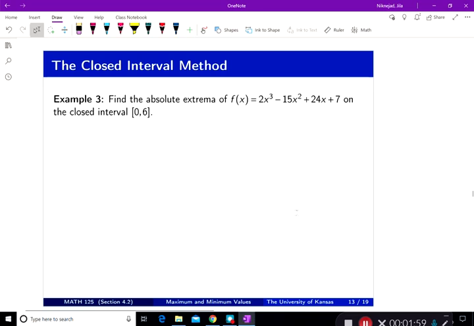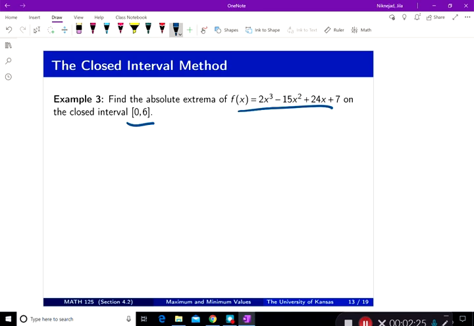So for example, let's find the absolute extrema of this function on the closed interval 0 and 6. Let's remember, to find the absolute extrema on a closed set, we're going to use the closed interval method.